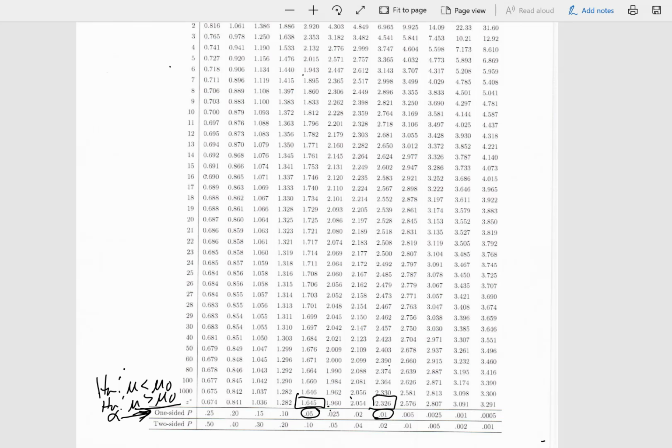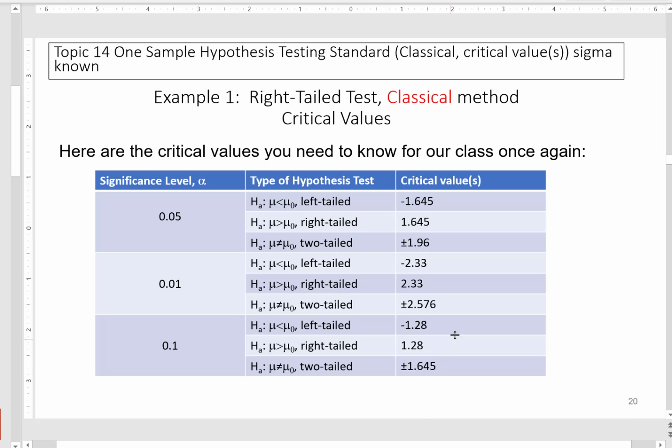So for a 0.1 significance level, for my alpha of 0.1, it'd be 1.28, which is exactly what we have here on the PowerPoint, of 1.28 and negative 1.28. So the left tail is always going to have a negative number and the right tail a positive number.